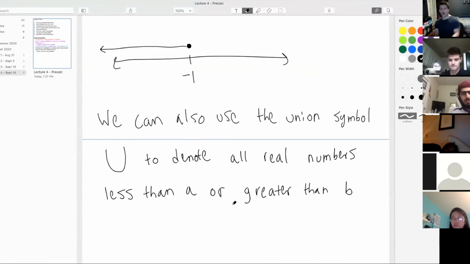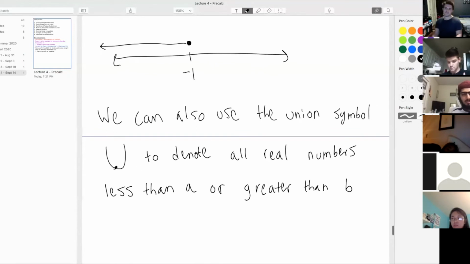Like, to connect? So that's what this symbol means. It's like I'm attaching a definition to this symbol. Yeah, that's what denote means. To denote all real numbers less than A or greater than B as, so what does this look like?